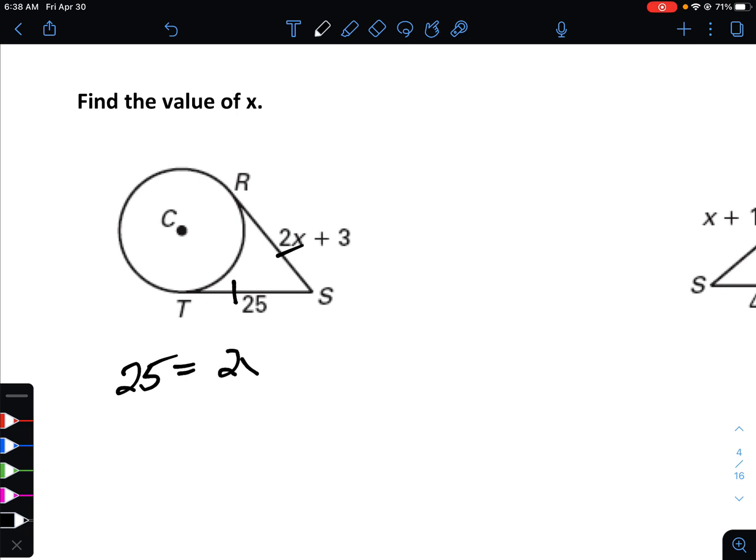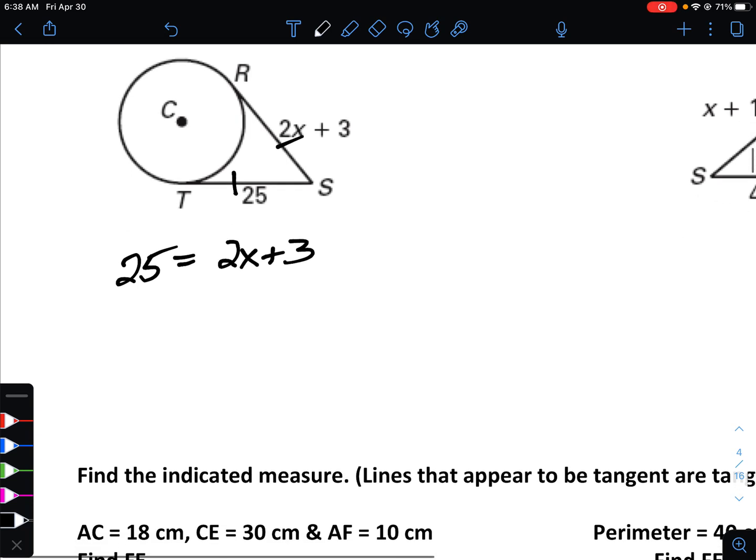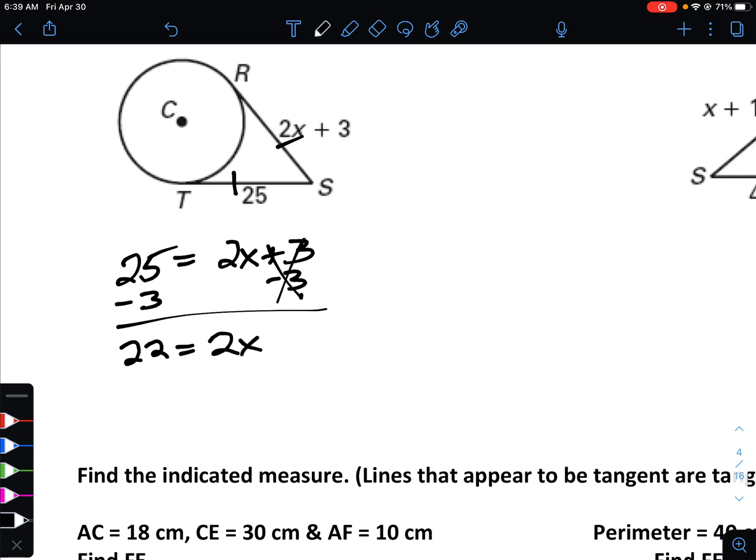In other words, 25 has to be equal to 2x plus 3. From there, it just becomes a normal equation where you're solving for x. So we subtract 3 from both sides, so 22 is equal to 2x. Then divide both sides by 2 to get that 11 is equal to x.